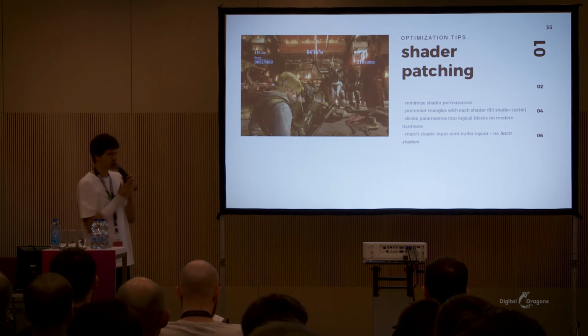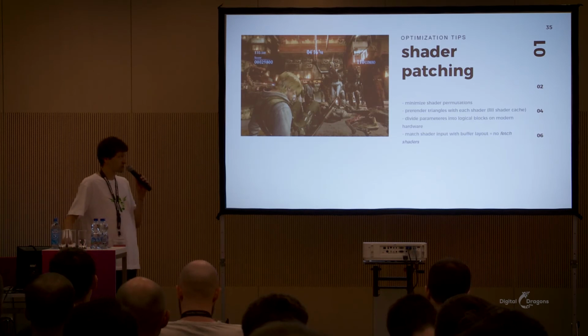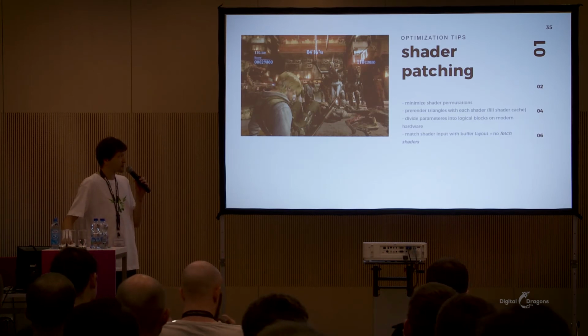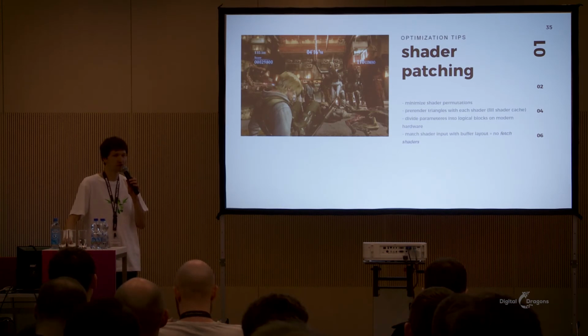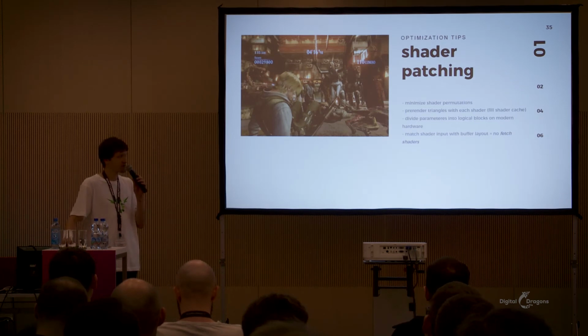Now, there were two techniques to avoid this problem. The first one was to first render off-screen thousands of triangles, each triangle one pixel in size, each with a different version of the shader, a different permutation.